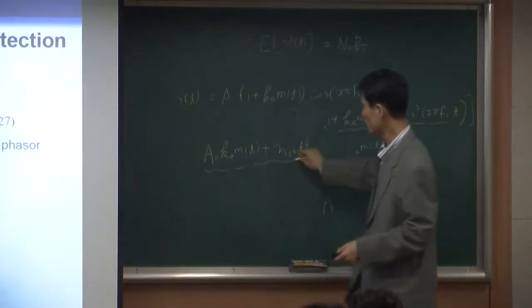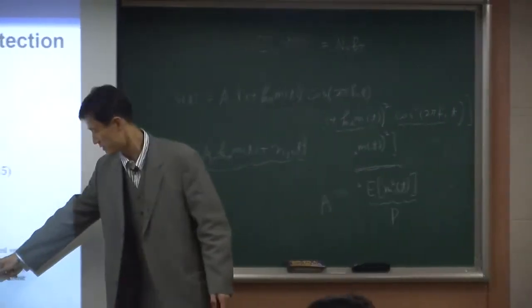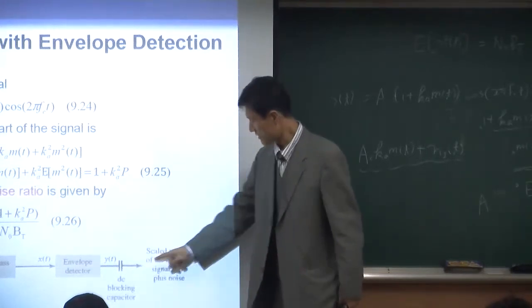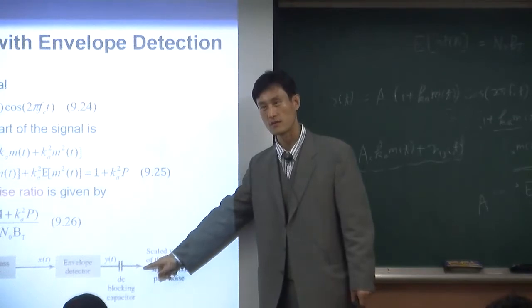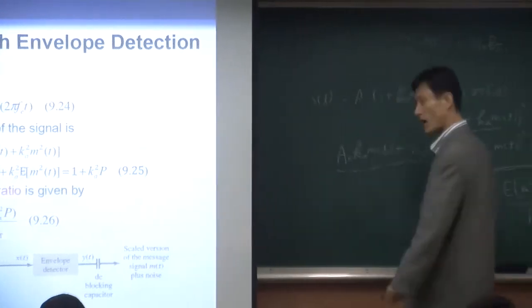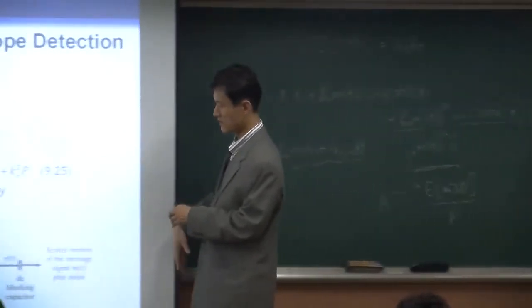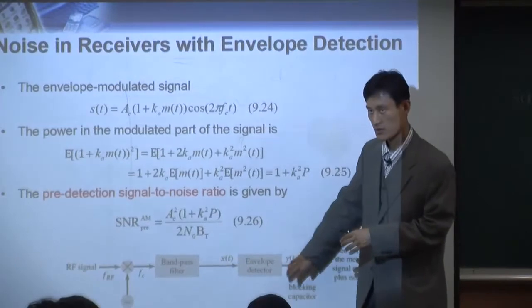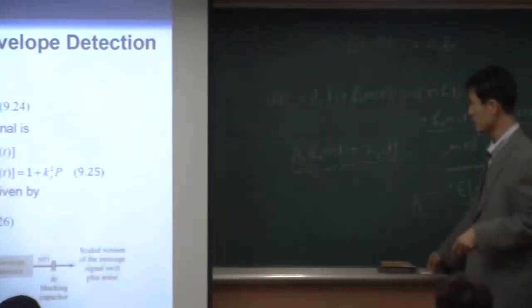That's the output after you remove the DC, and eventually you get this signal right here at the output. Now it's time to measure the SNR, because we already passed the envelope detector and DC blocking. We've done all of this demodulation, so it's time to calculate the SNR.